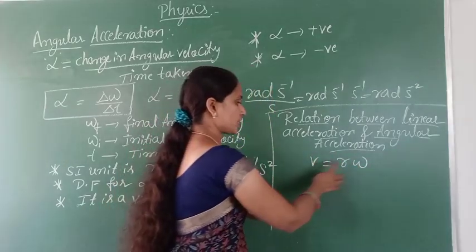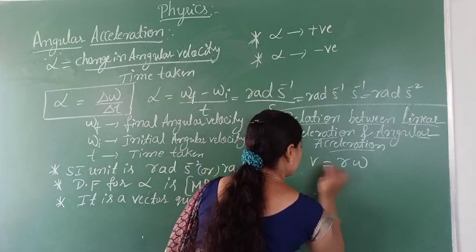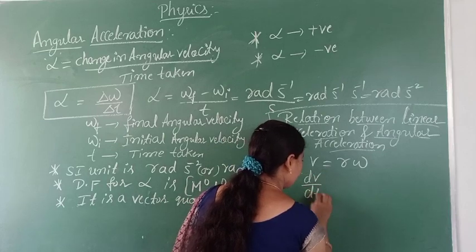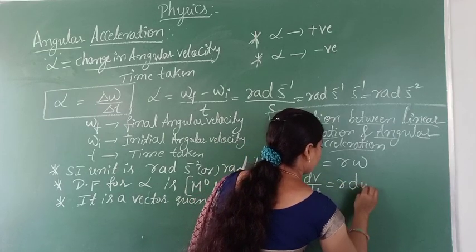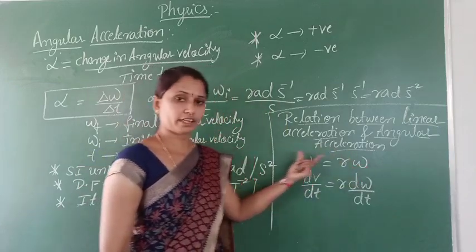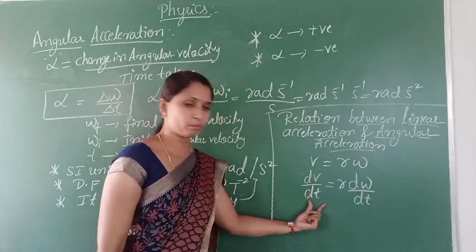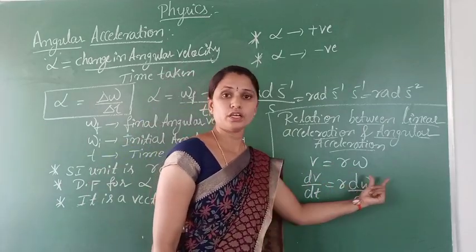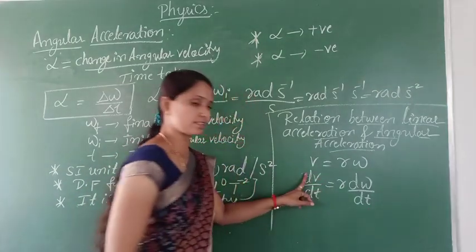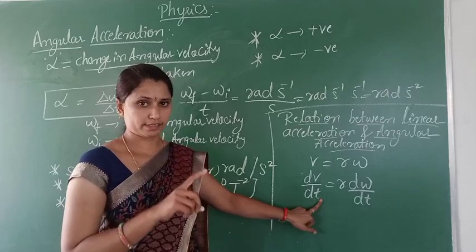So differentiate with respect to t on both sides. Differentiation of v gives dv divided by dt is equal to r into d omega divided by dt. We already know that the change in velocity over time taken is known as linear acceleration.